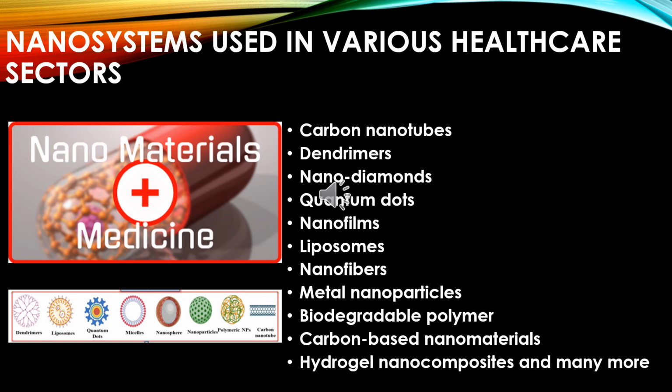Fluorescence can be produced by these nanodiamonds, which can be used for imaging probes or for diagnostic purposes, for cancer diagnosis. So these properties make nanodiamonds an important nanostructure in the healthcare sector.